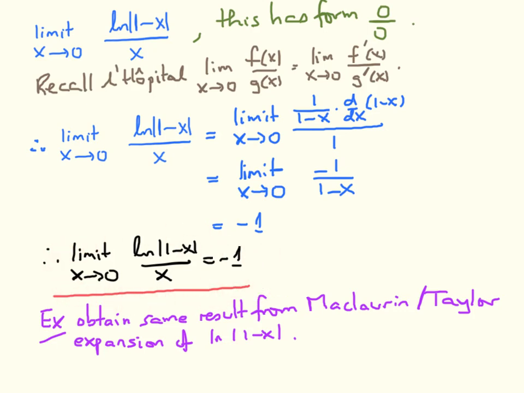And again, as an exercise, you can show that you obtain the same result if you use the Maclaurin or Taylor expansion of the logarithm of 1 minus x. You only need to work out the first correction to the Maclaurin expansion of log of 1 minus x to obtain this result. So we've calculated 4 problems using L'Hopital's rule.